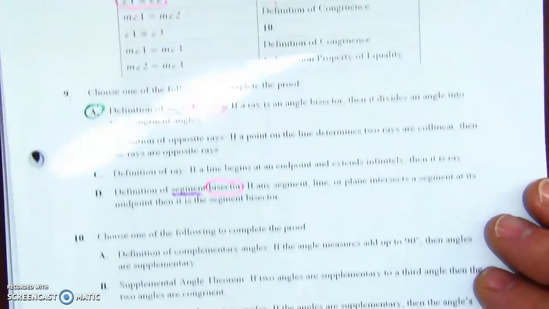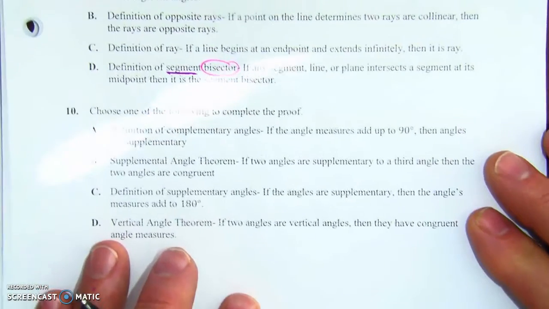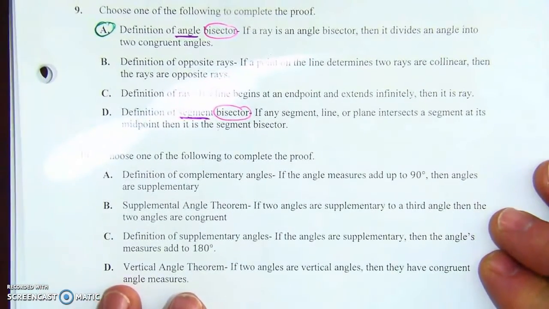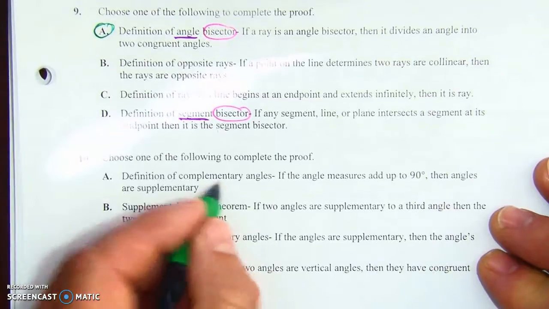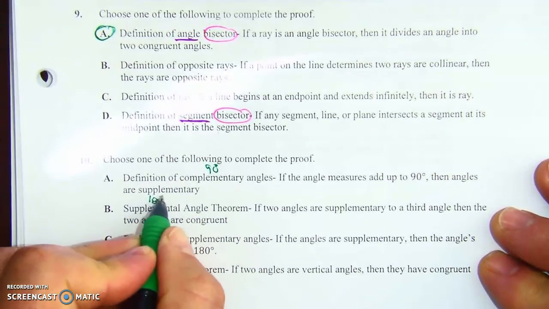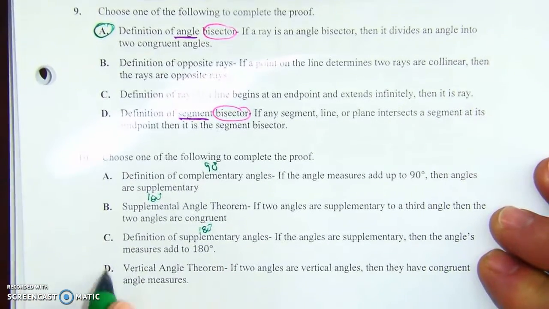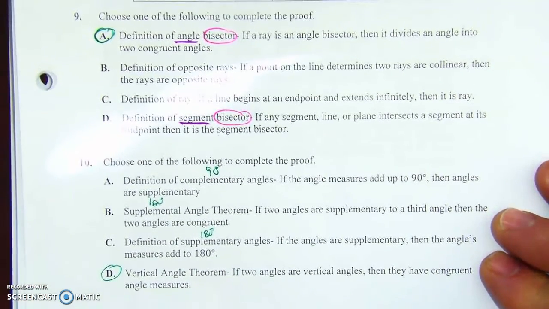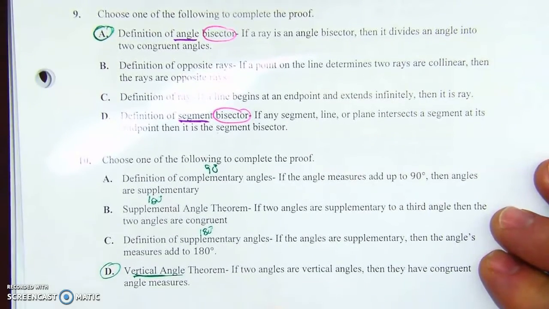Yes, the answer is vertical. So if we go down here to question number 10 and find anything that talks about the vertical angle theorem, there. So the first one is complementary, which means 90 degrees. Supplementary means 180 degrees. Supplementary again is 180 degrees. Oh, here we go. Vertical angles. So our answer for question number 10 is D. Keyword, vertical angles.